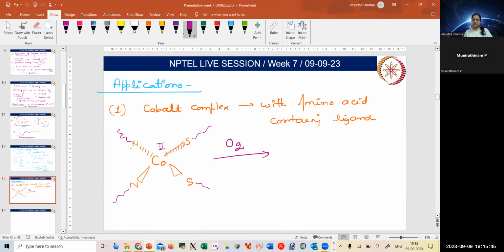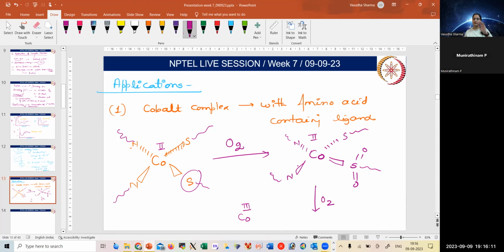In presence of oxygen, firstly, one of the sulfurs got oxidized, forming S double bond O, and the amino acid is still intact. And second time, in presence of oxygen, it turns from cobalt 2 to cobalt 3, having the same structure, and in presence of some other ligands, maybe the solvent molecule also.